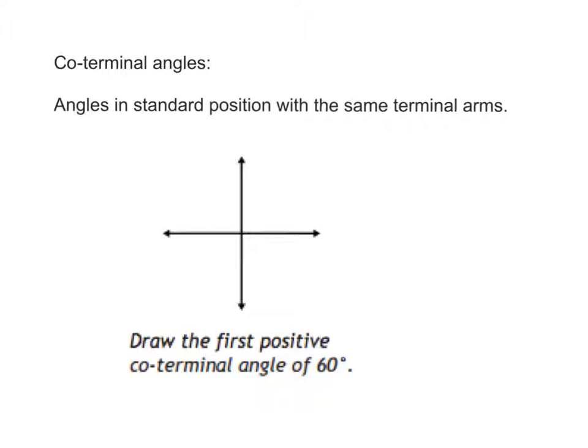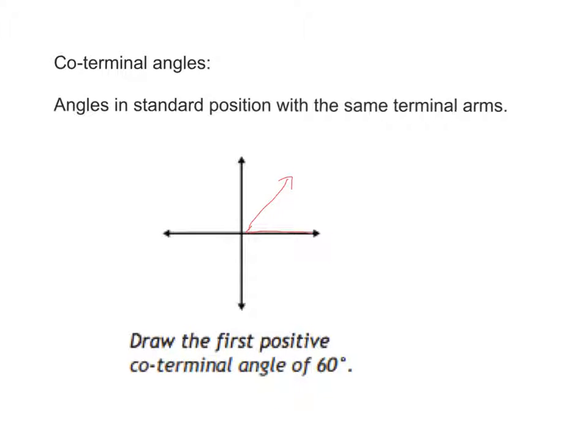Coterminal angles are angles in standard position with the same terminal arms. It says draw the first positive coterminal angle of 60 degrees. Well, first let's draw 60. That's like around there, right? There's 60 degrees. A coterminal angle, any idea what it would be? 90 and negative 270?